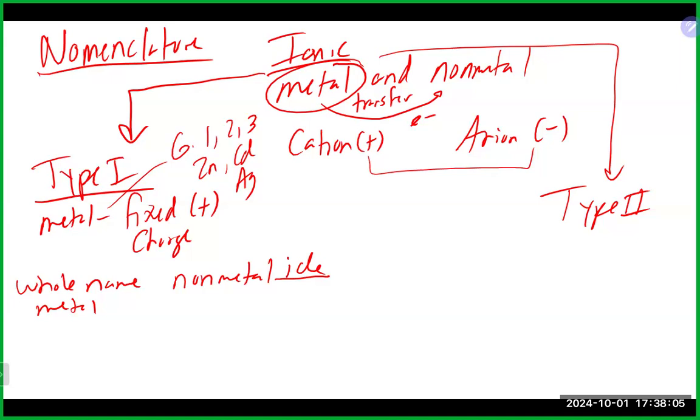So that's a pretty good rule. If you got a metal, you should not use any type of prefix. It doesn't matter how many of each of those ions that you have, you'll have no prefix in this at all.